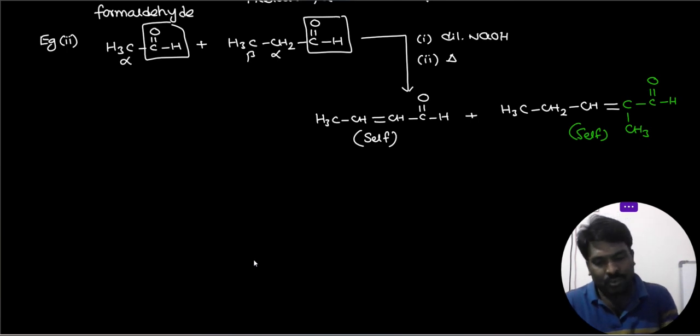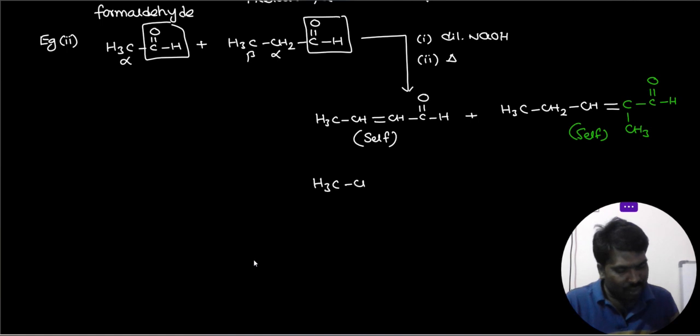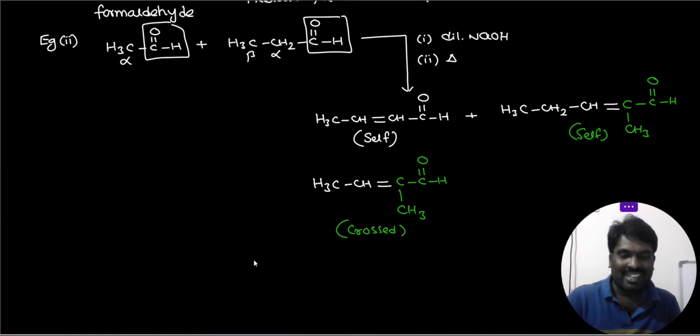So this is the self product from propanaldehyde. Now, from acetaldehyde the oxygen, from propanaldehyde the alpha hydrogens. Understood? From acetaldehyde oxygen, propanaldehyde alpha hydrogens. This is crossed. Clear?